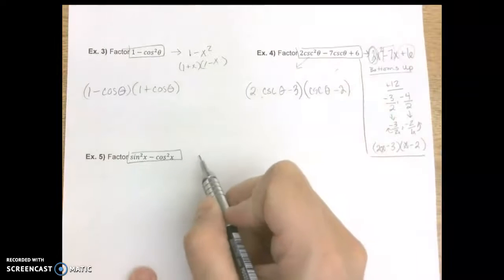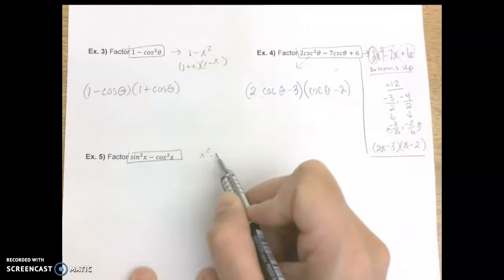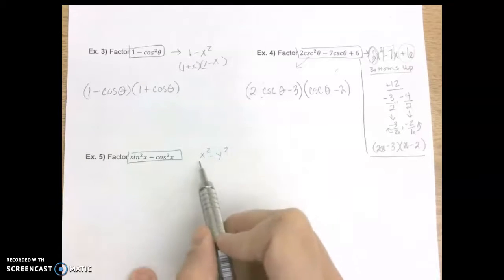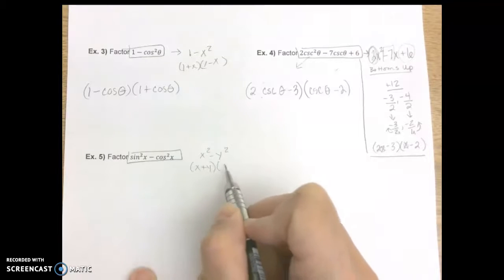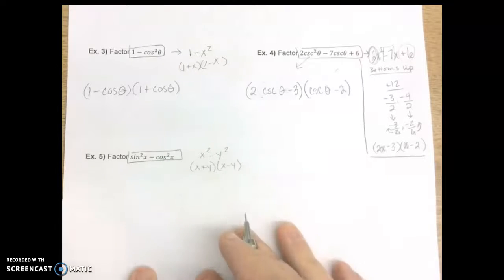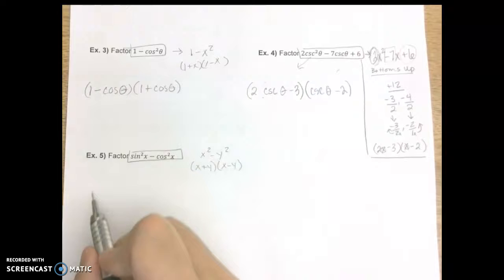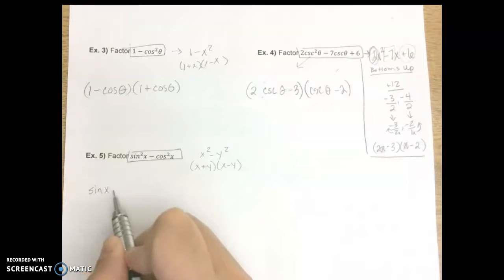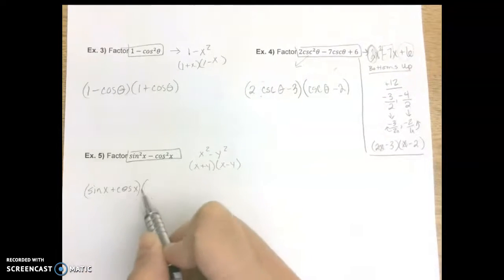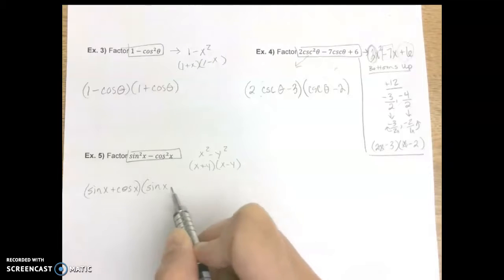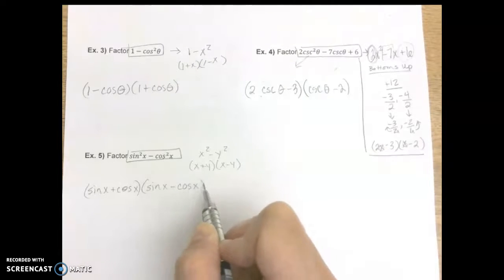Right here, this is kind of like an x squared minus a y squared. So we're going to use the difference of two squares. And so that becomes sine of x plus cosine of x and sine of x minus cosine of x.